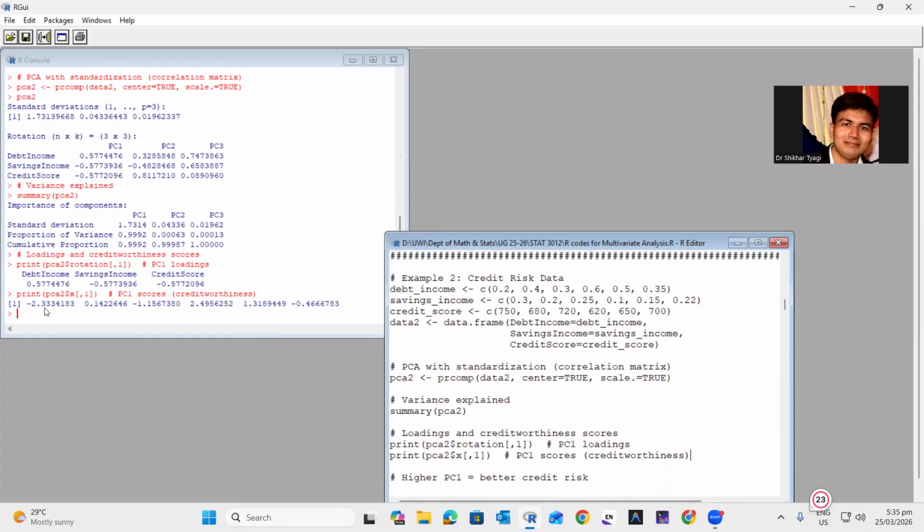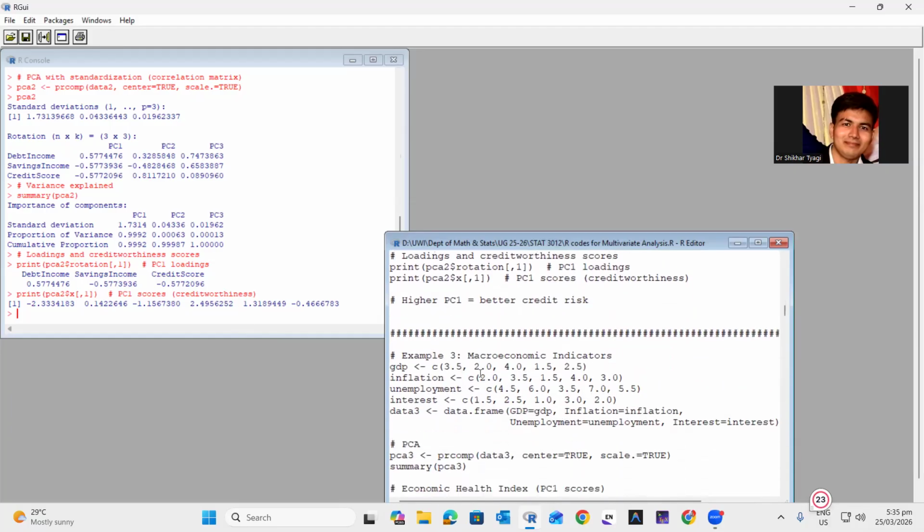And observation 4, with debt to income 0.6, savings to income 0.1, and credit score 620, has the highest score, 2.49, so it tends to the worst credit. So that is our example here.